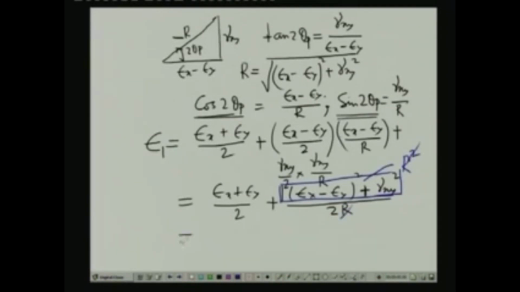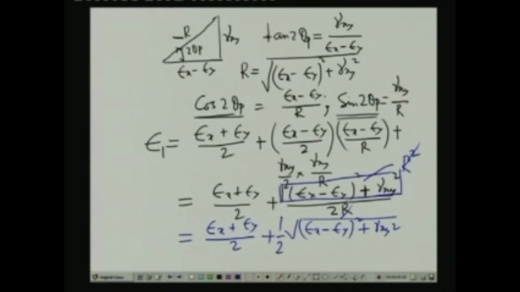So this is basically equal to (εx + εy)/2 plus, this is r, which is the root of (εx − εy)² + γxy², half of that.